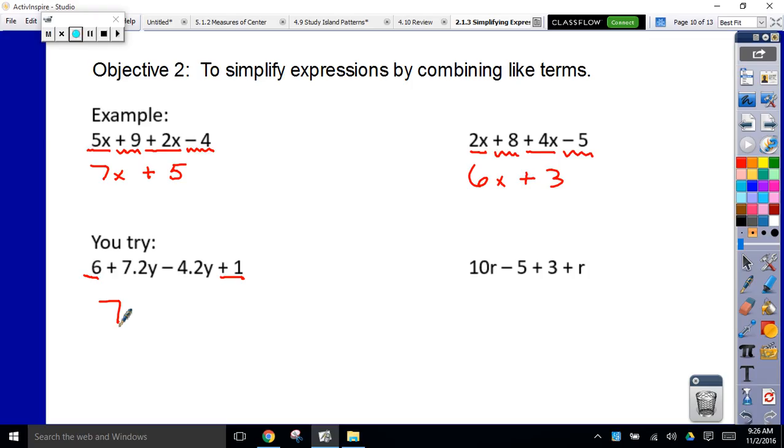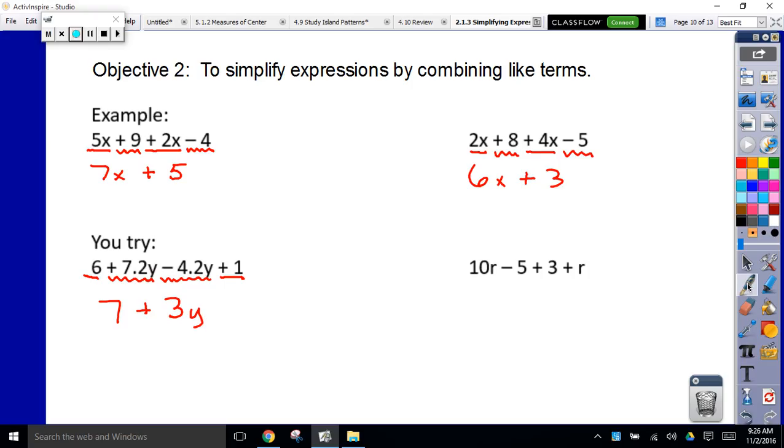Thomas, what are some other like terms? 6.2y and 4.2y. Be careful, it's negative 4.2y. Get used to thinking of the sign that comes right before it as belonging to that coefficient. Okay, so what is 7.2y minus 4.2y? Good. So we have plus 3y.